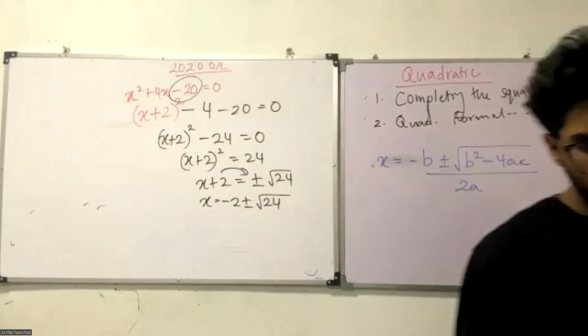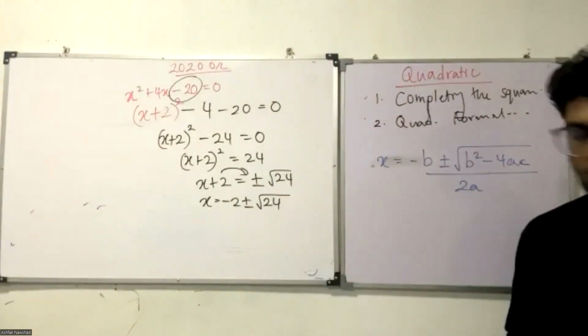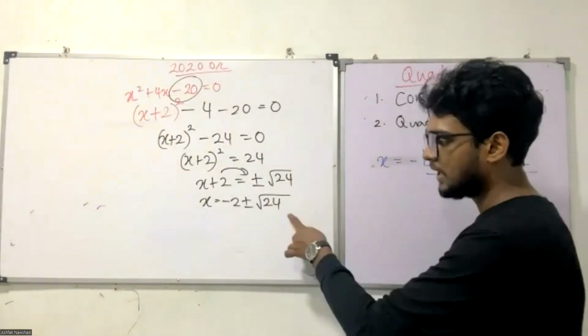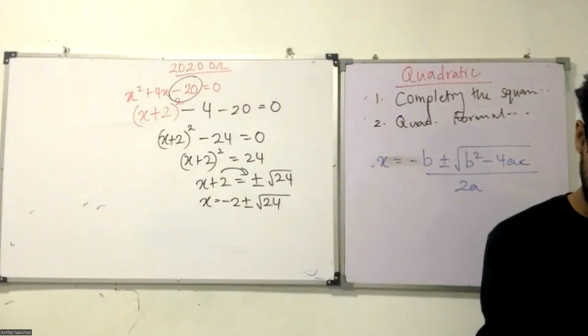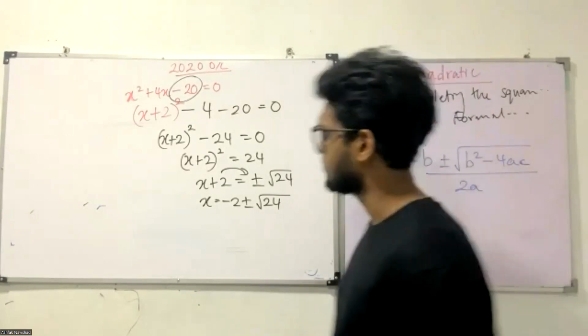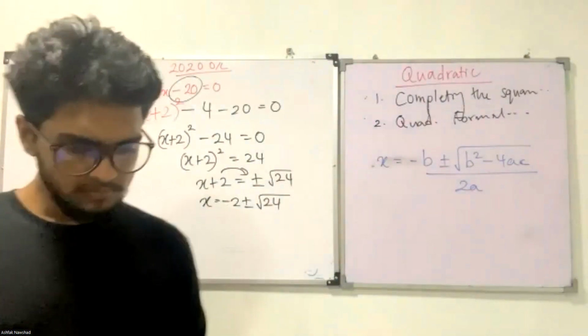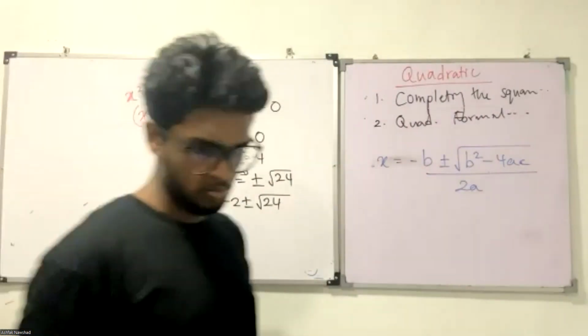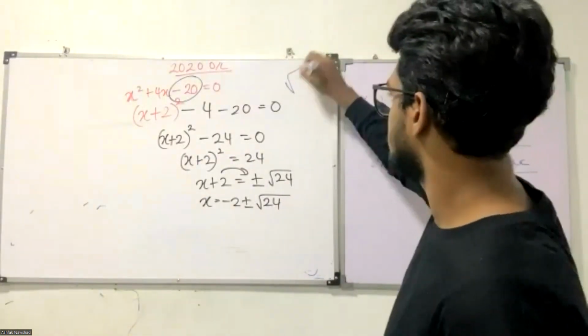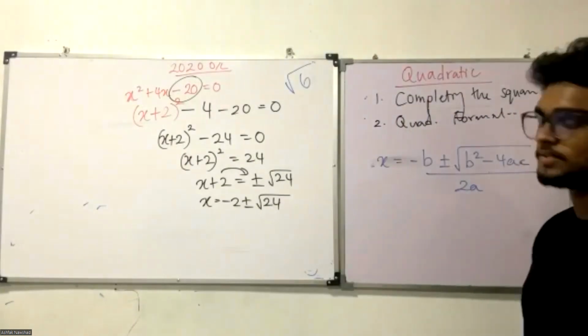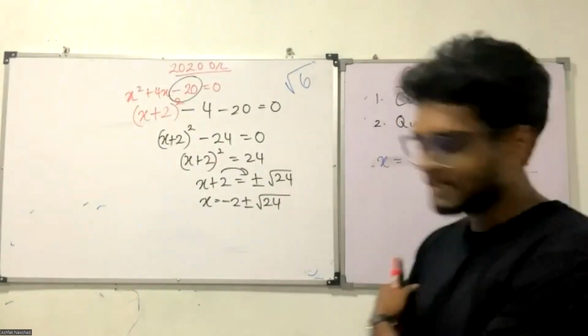Now root 24 is an unknown value. Have they given the value of root 24 in the question? No, they haven't given the value of root 24, but they have given the value of root 6. So root 6 is given.